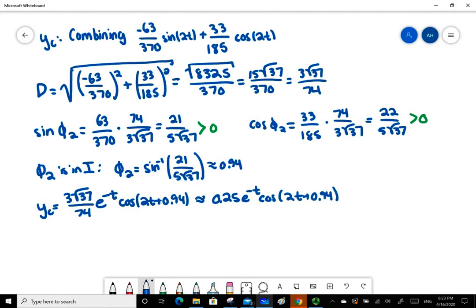All of this work allows us to write the formula for the displacement of the mass as y equals 0.22 cosine 4t plus 3.77 plus 0.25 e to the negative t cosine of 2t plus 0.94.